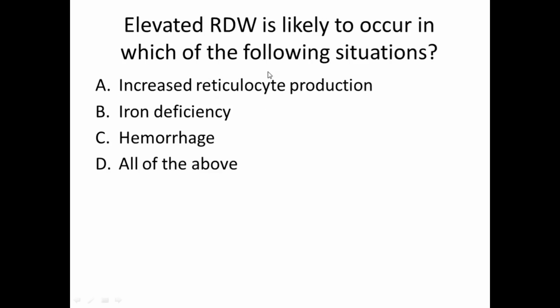So generally, increased reticulocyte production is happening when you feel like you don't have enough oxygen, you don't have enough red blood cells to carry it. Which could be because you were hemorrhaging, because there was hemolytic anemia, or because you have iron deficiency anemia.